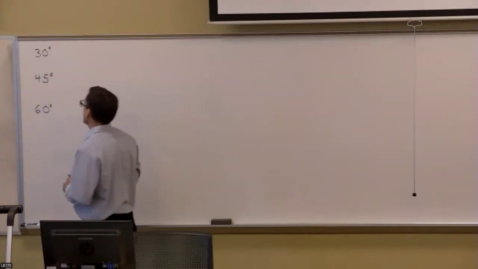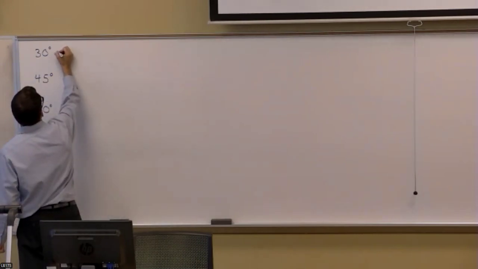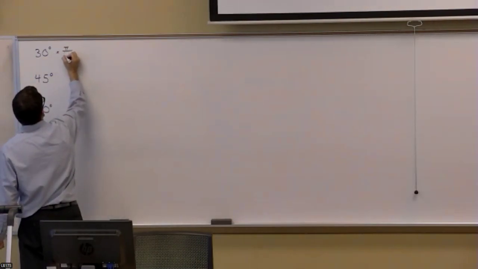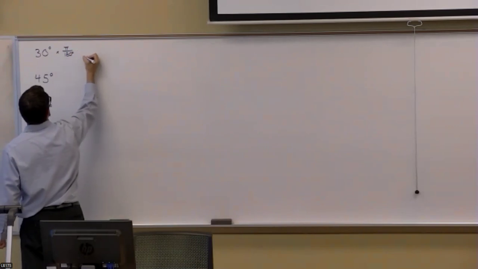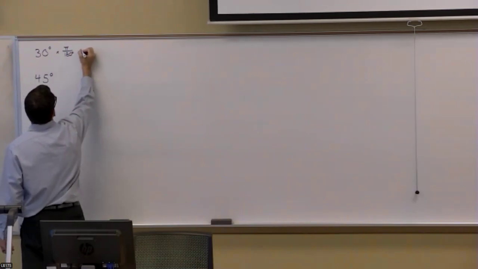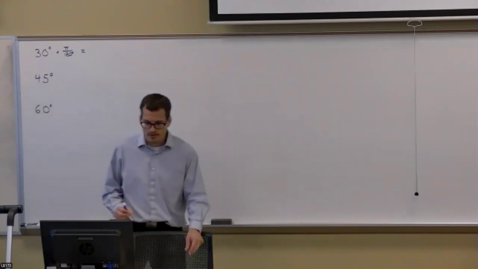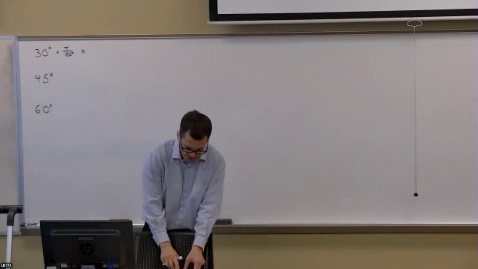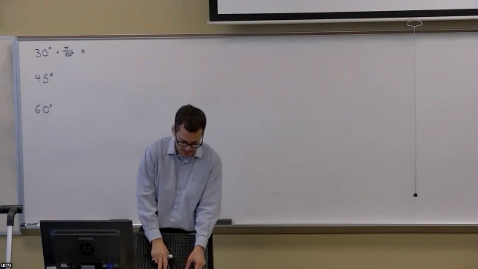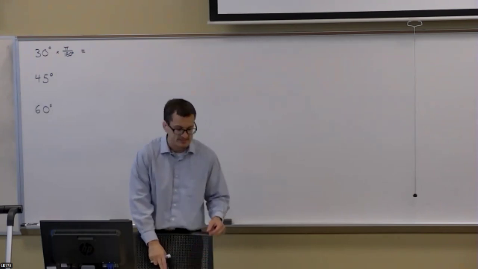So 30 degrees, take pi over 180. If I take 30 over 180, I get 1 out of 6, or 1/6.